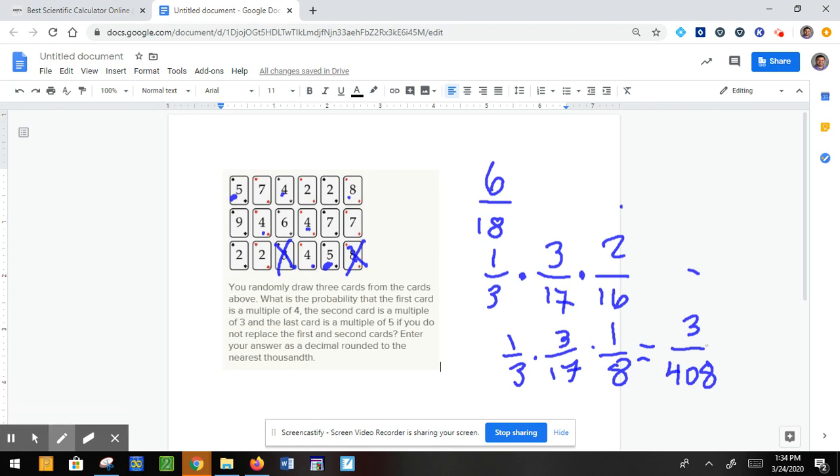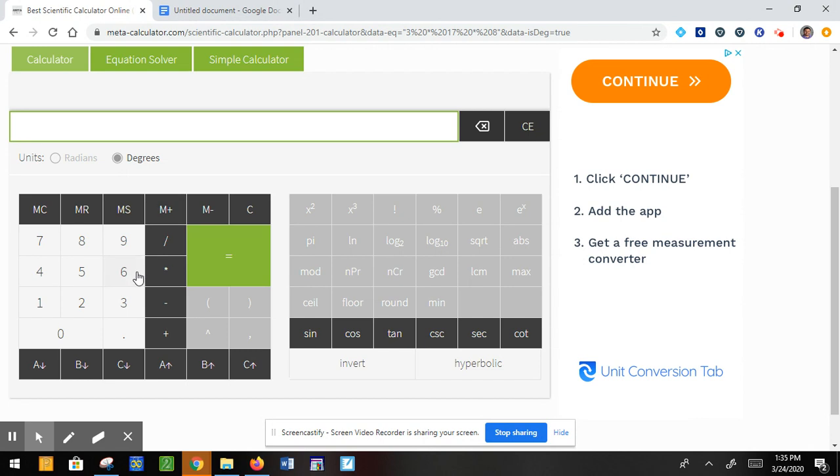All right, and then if we do 3 divided by 408 on the calculator, I am also getting 0.007.